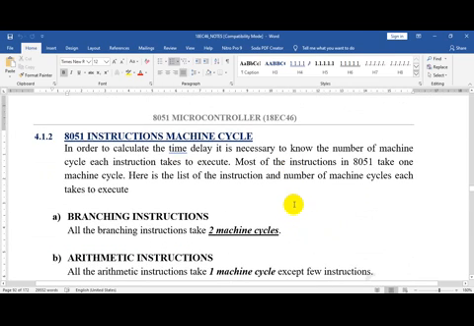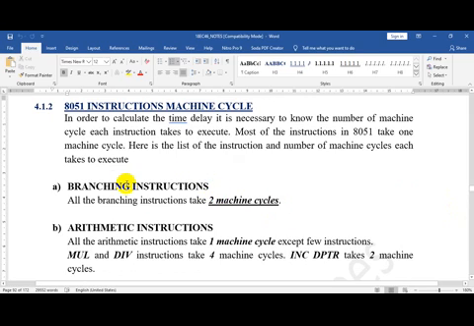Now in the last video lecture I told you that it is not so easy to remember the machine cycles each instruction takes, but you can do that with some simple tricks or simple classification.